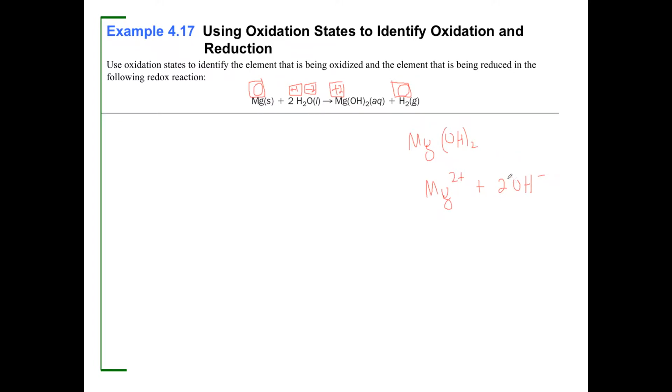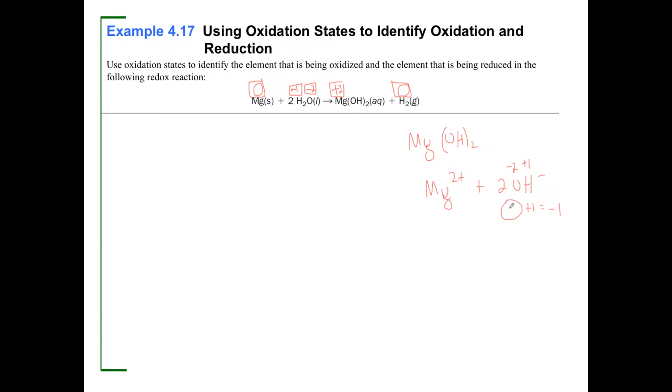And hydroxide, I don't know, we haven't done this one yet, so let's do it now. Hydrogen has a tendency to be +1. Oxygen has a tendency to be -2, right? So +1 times 1 gives you +1. The charge is -1 in this, right?